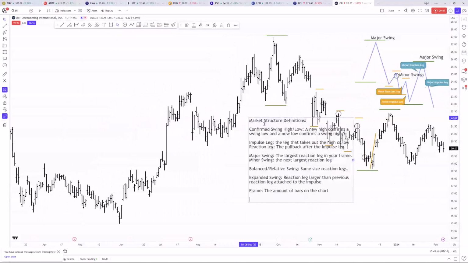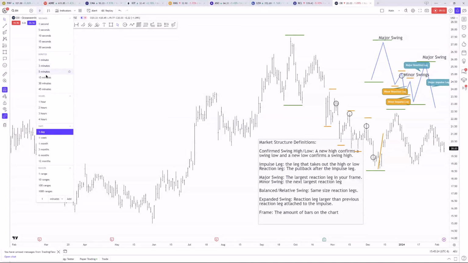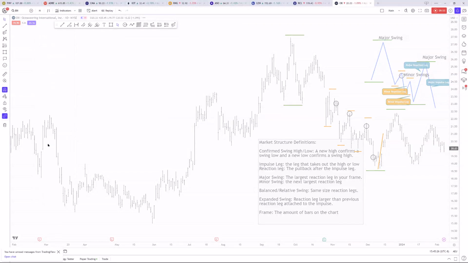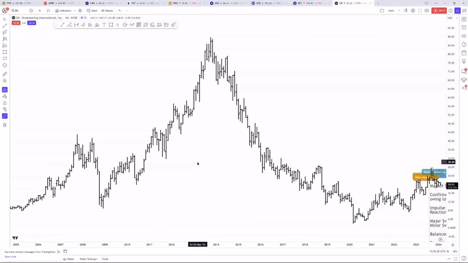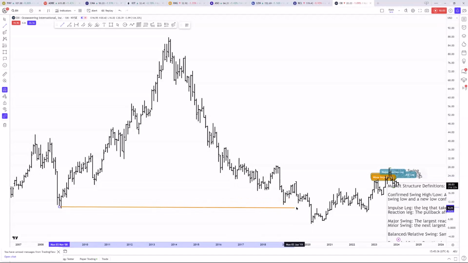So we can map a market, and you can see this dynamic in any market, anywhere. Let's take this and put this on, say, a monthly. So if we take this to a monthly, and we did a little bit of mapping, you can see the same thing going down. I see my big swing, and then you can see them, right?